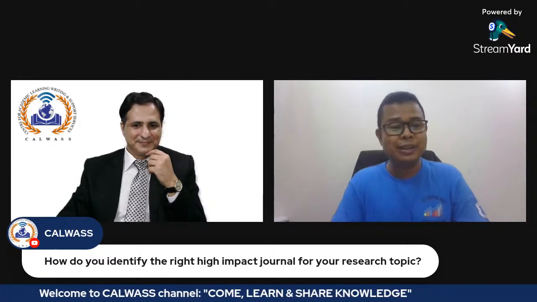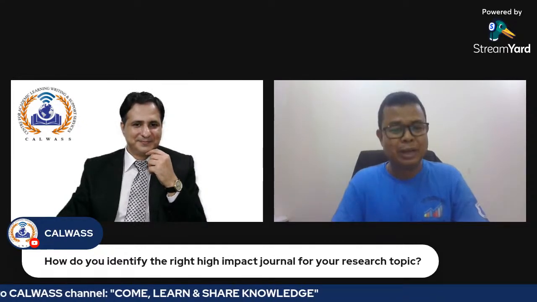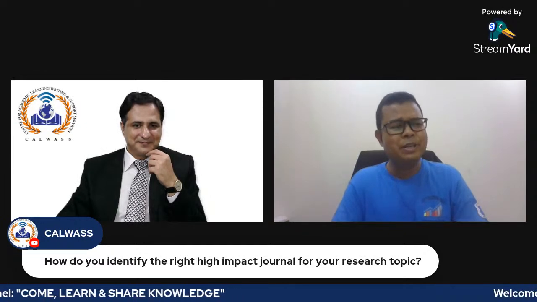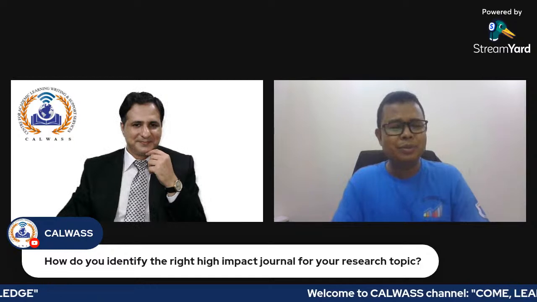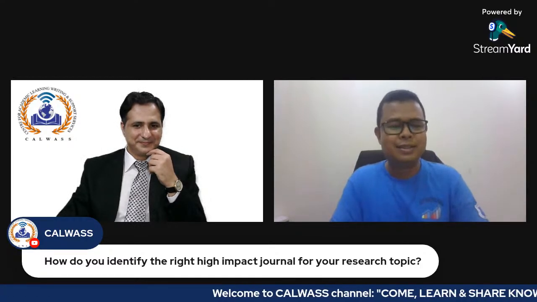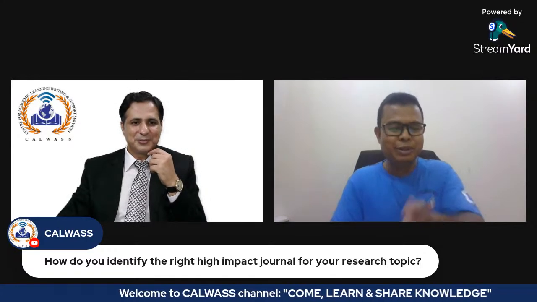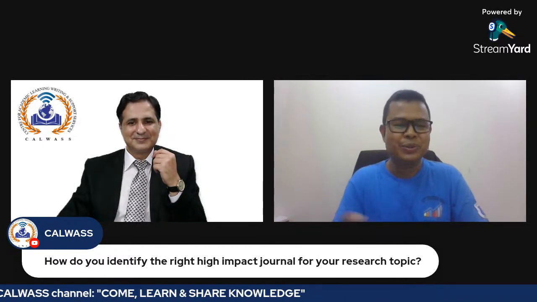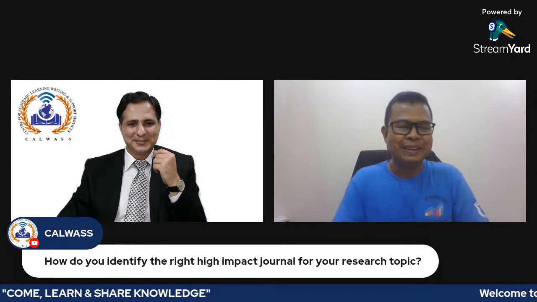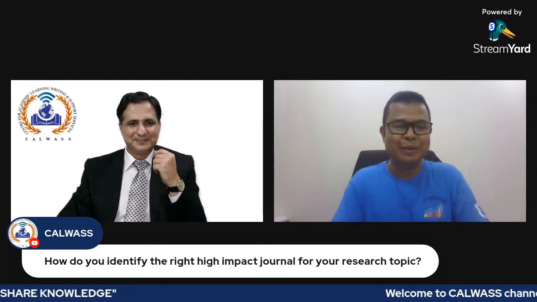Or in Australia, the ABDC ranking gives value. For example, when I was in China, they followed the SSCI list. But when I came to Bangladesh, they follow the Scopus list. So it depends on where we are working.